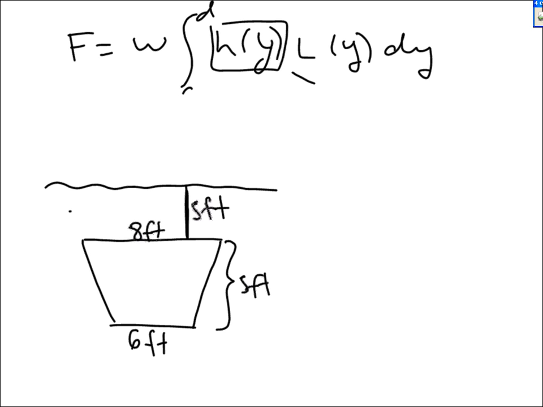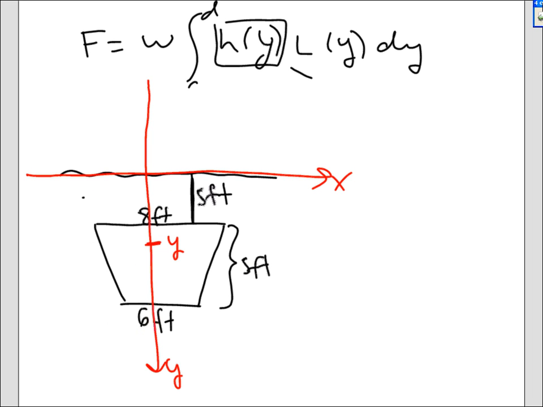Okay. So the first thing you should do is put a coordinate system. I would always let the x-axis be right at the surface of the water. Some textbooks might call the positive y-axis on top, but I'll put it on the bottom. Now, I pick some y value. I'll call it y.